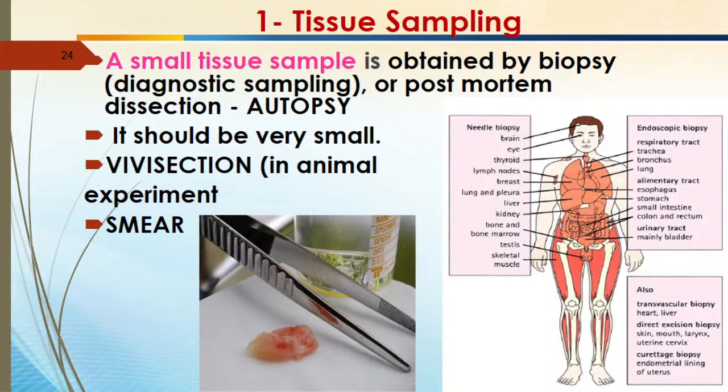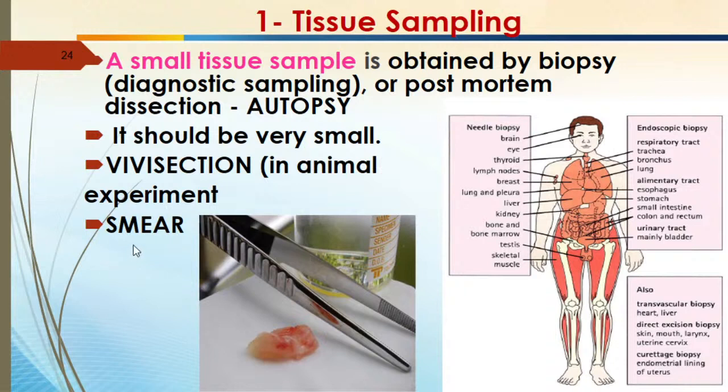The sample should be very small, like we see here, one of the elements often used for tissue investigations. If we use an animal experiment, it is named vivisection, cutting a part of the animal's organs.